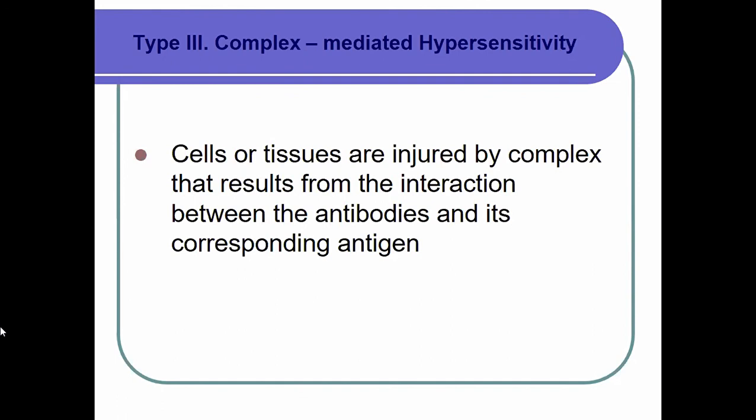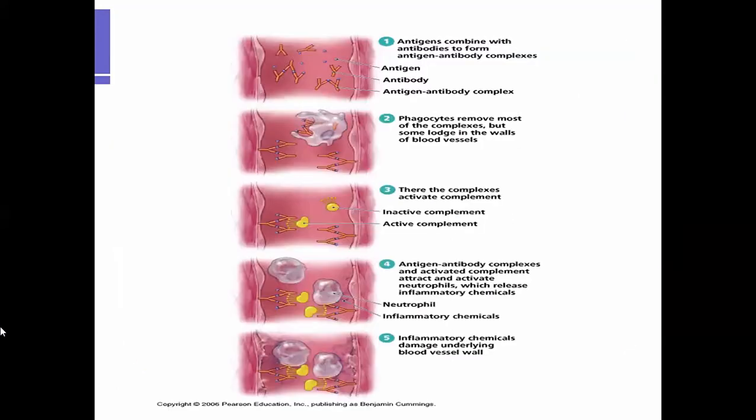So cells or tissues are injured because of the complexes that result from the interaction between the antibodies and the antigen. Okay, so this is the schematic representation of the third hypersensitivity reaction.